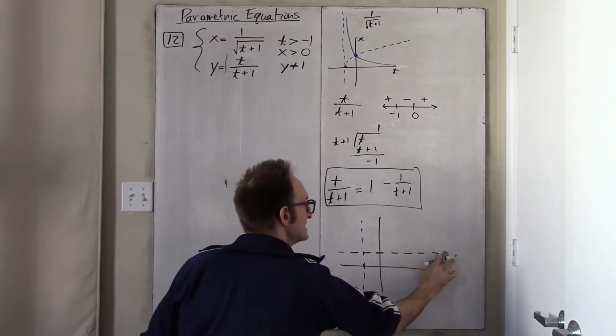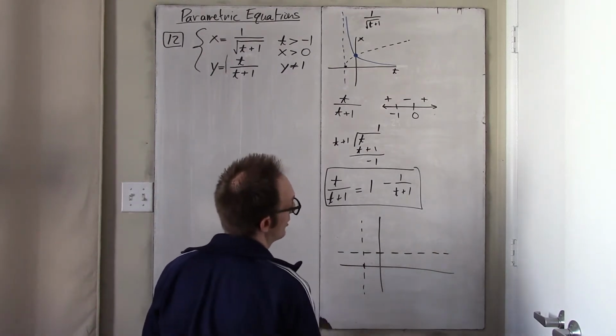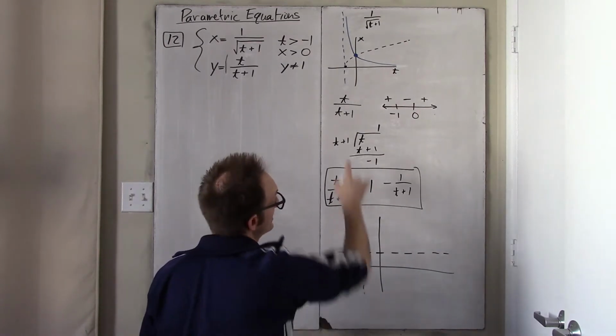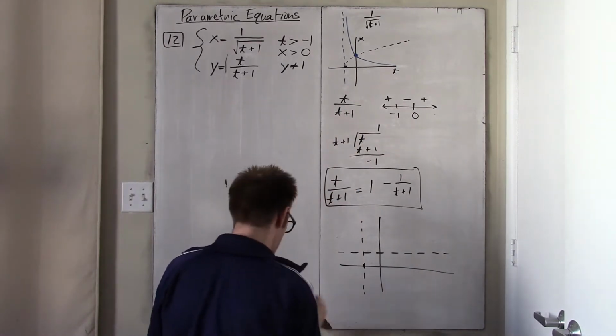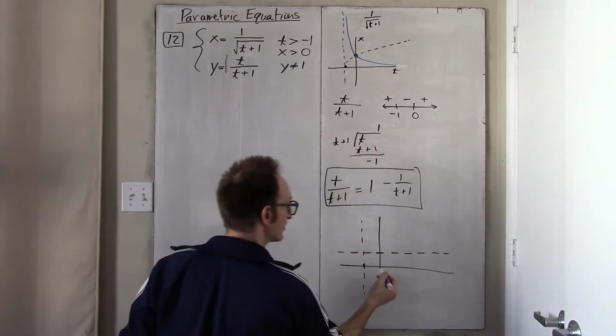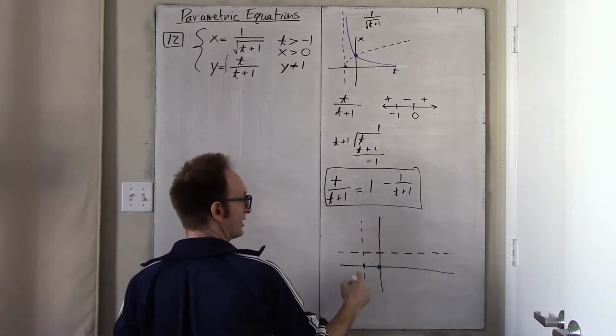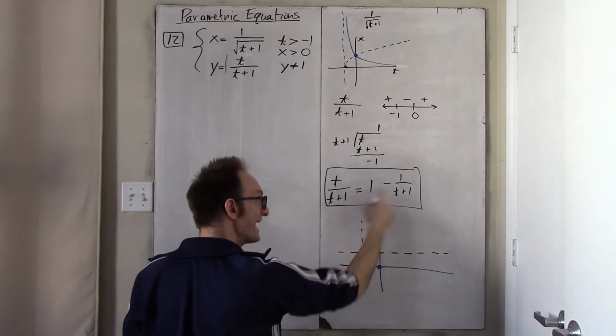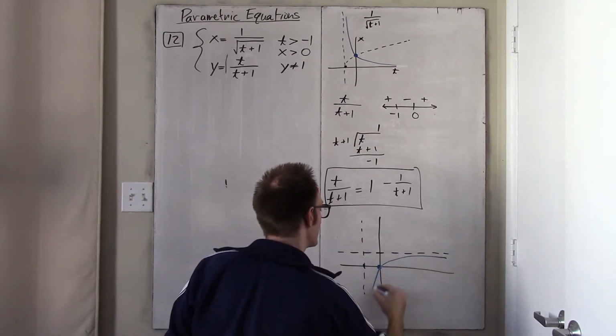And there's a root at 0, and a vertical asymptote at -1, and, well, it looks just kind of like this.